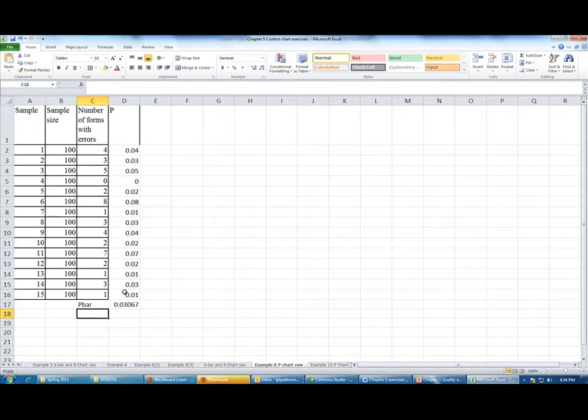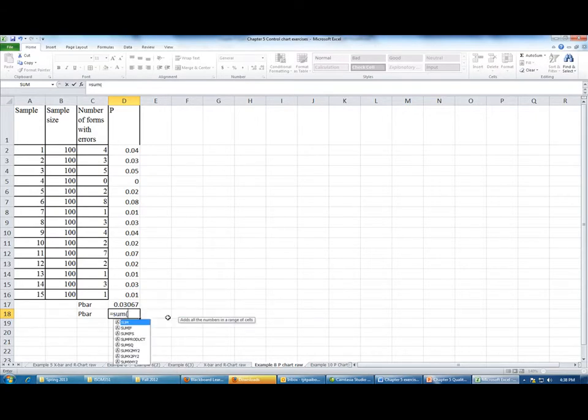Okay, P bar can also be found using another approach. Another way to find P bar is to use the sum of the errors divided by number of observations times sample size of each.